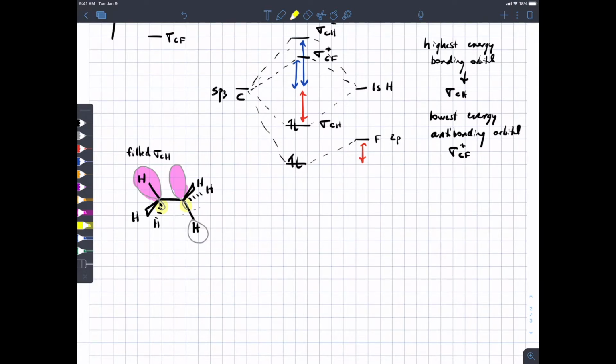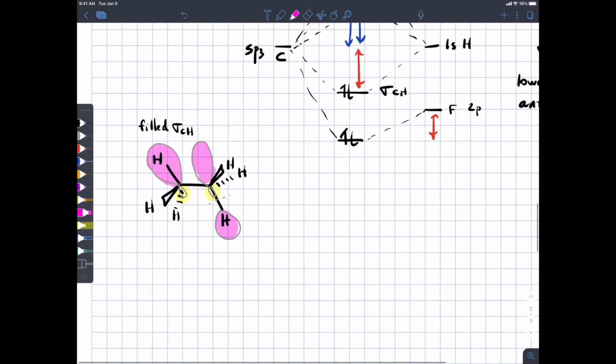Now you can go through this analysis using group orbitals and you'll get the same answer, but this is a useful way of thinking about it. Imagine you have a filled orbital in the same molecule as an adjacent empty orbital, sigma star carbon-hydrogen bond.